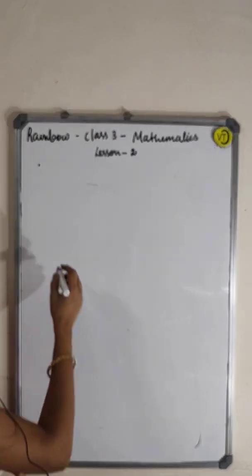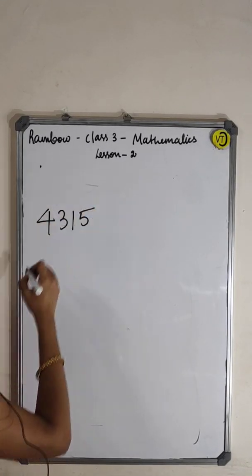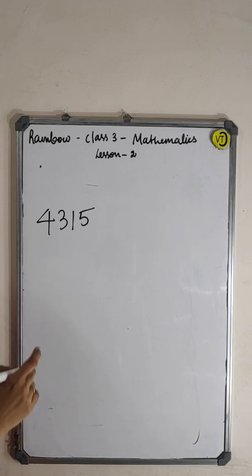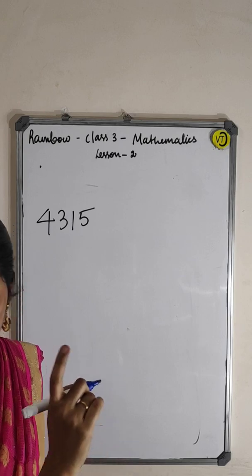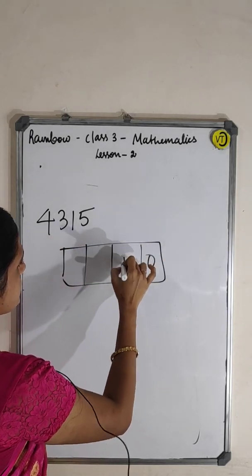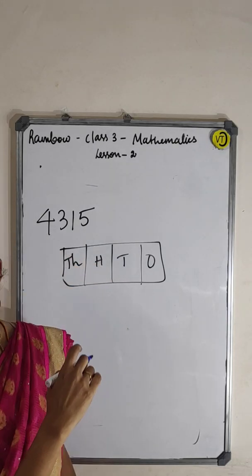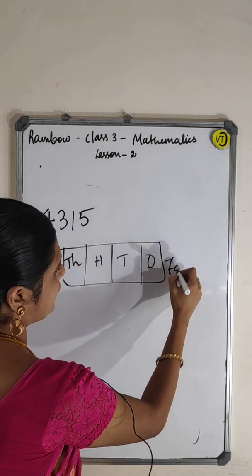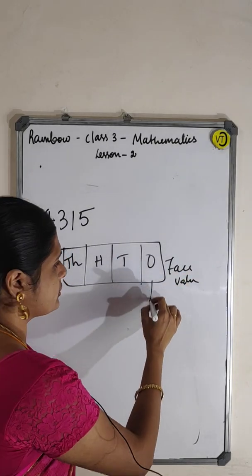Okay, now I am going to give one of the questions here. It is 4315. Here I am going to represent each number in the place value and face value. So this is ones, tens, hundreds, thousands. Okay. Here in this case, what is the face value I am telling? The face value of 5 is what? 5 only.